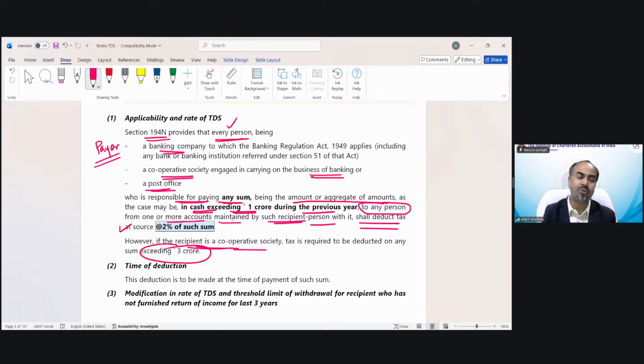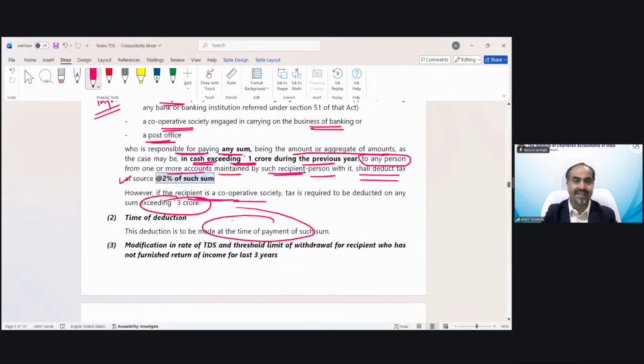And again, as I have told you earlier, whatever TDS is deducted by the bank, you can claim the benefit of that TDS at the time of filing of income tax return. Again, the deduction is at the time of payment. So there is no requirement of credit or payment, whichever is earlier. You can see the TDS would be deducted in this case at the time of payment.